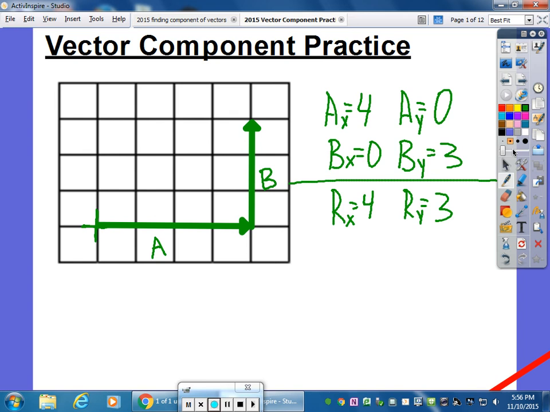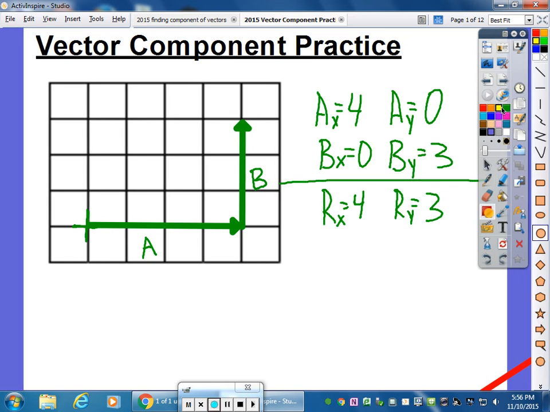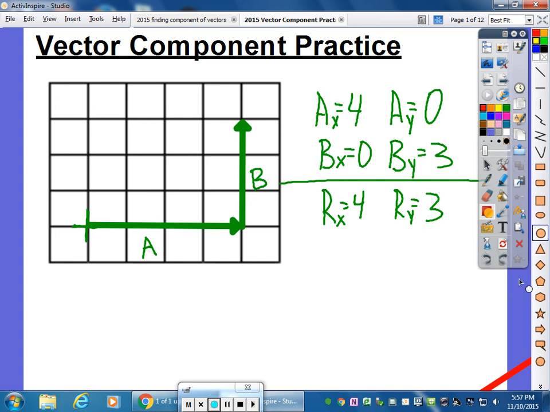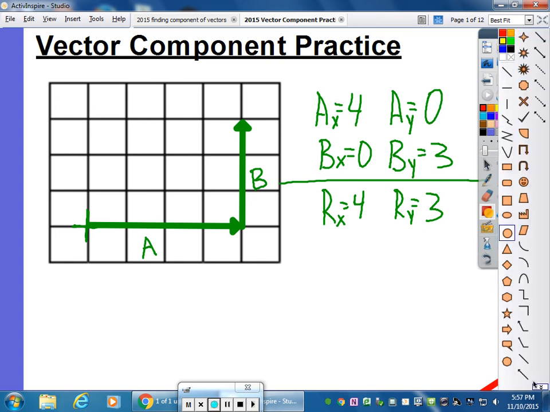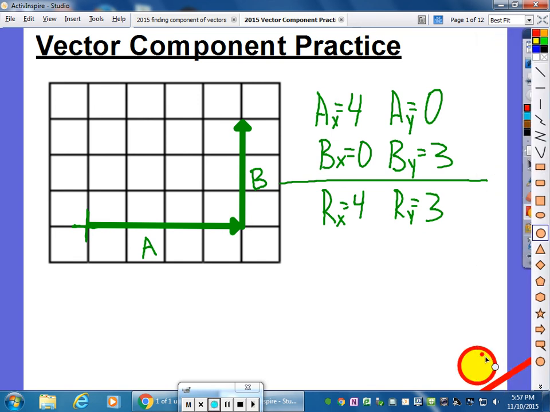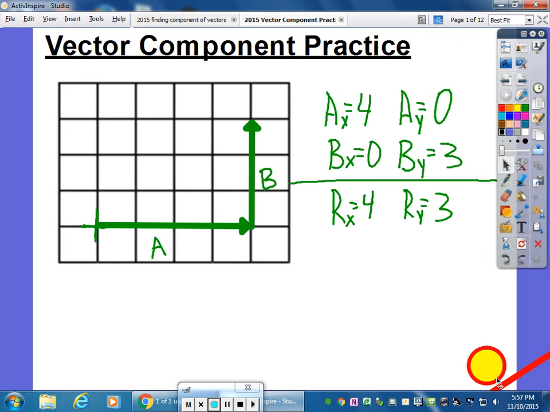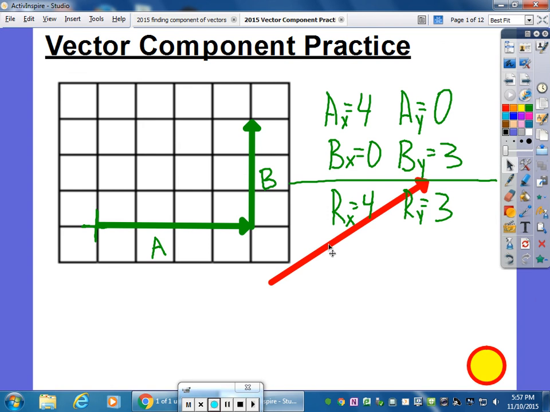Now I'm going to go ahead and draw this resultant vector, and we'll draw it in red here, starting back at the original spot where the first vector starts. Let me get an arrow. I'll just grab this one already here.